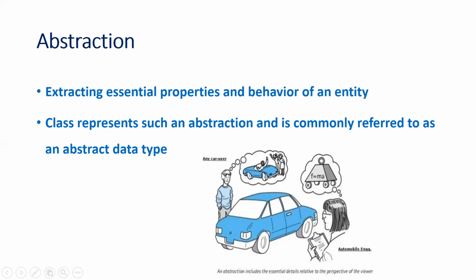But for the car user, he only needs the running or operating procedures of the car. So their requirements are different. The abstract class gives us a facility to provide the information that each user needs. It hides the requirements of other users, and does not provide them to the general car user or to the automobile engineer.